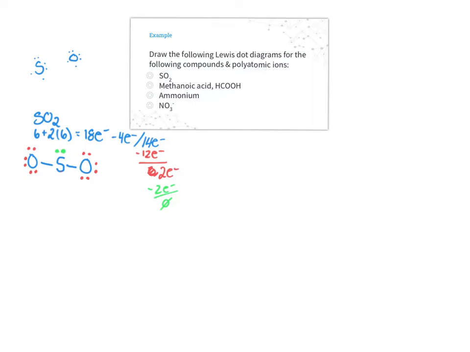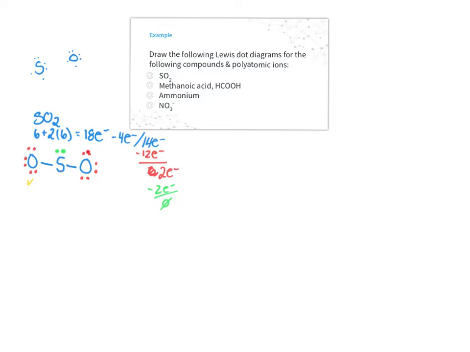So my little caveat there says, if it is not complete, we're going to move electrons around. So let's count things up. Around my oxygen, I have 2, 4, 6, 8 electrons. So oxygen has a full octet. We consider it happy. It's good to go. A little check mark for it.